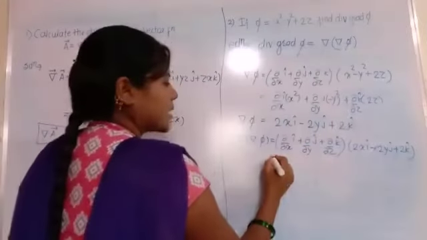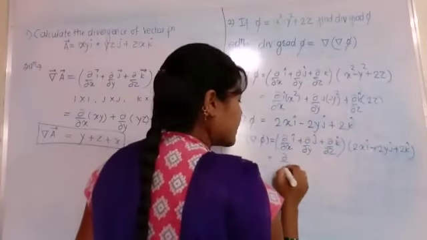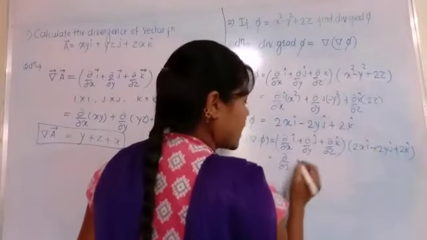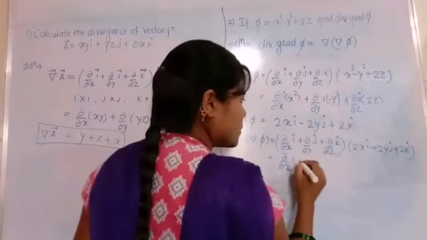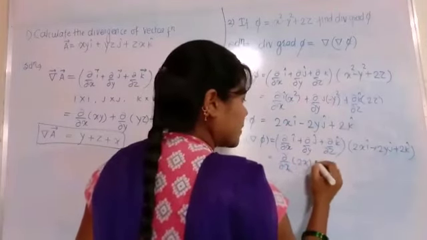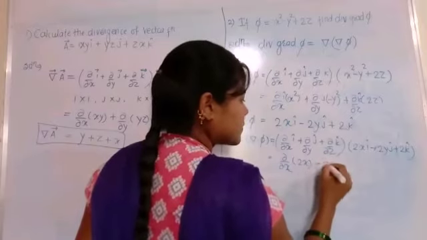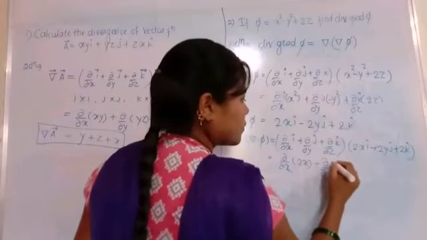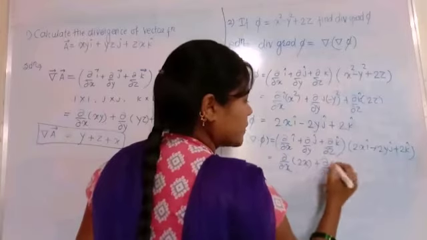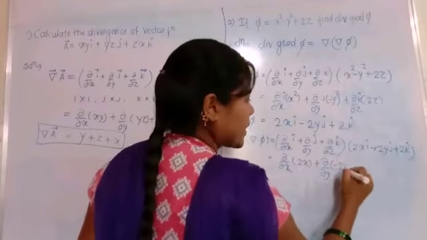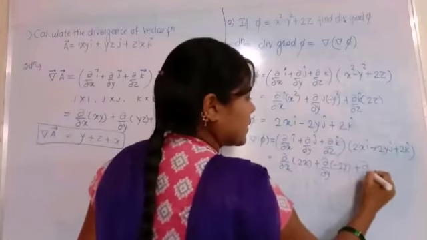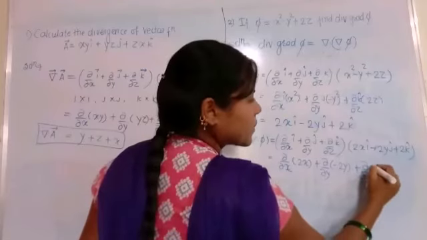Then del by del x means i into i, del by del x of twice x, minus del by del y of twice y, plus del by del z of 2.